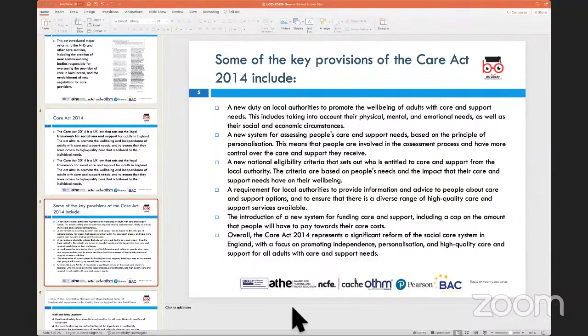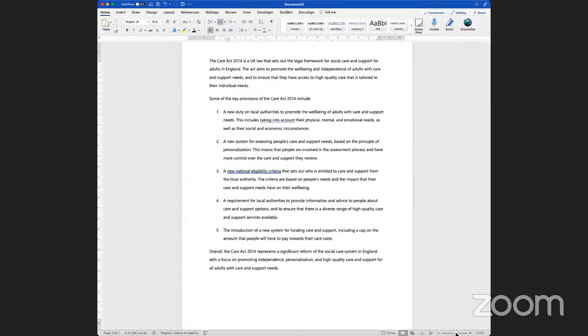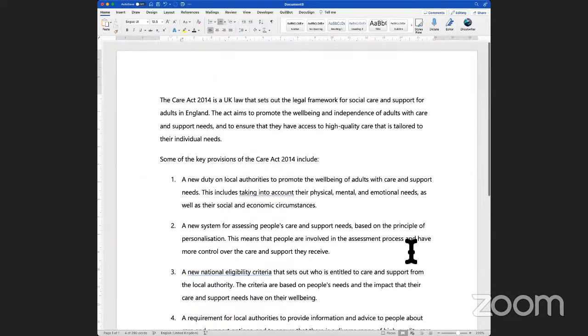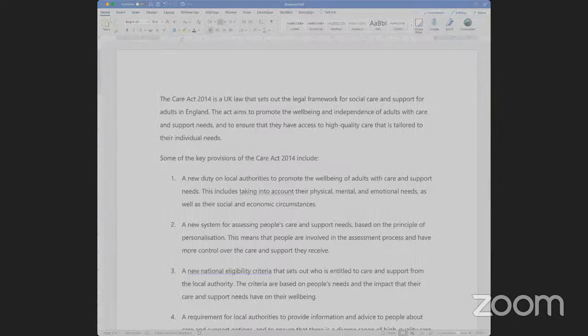So there is a particular handout which you will be able to see, and that handout would primarily be focusing on showing you a summary with regards to this particular act, which is the CARE Act of 2014. Important piece of legislation again, and this is what I would ensure that you go through in particular when you look at the details of some of the acts that we are discussing in relation to learning outcome two.